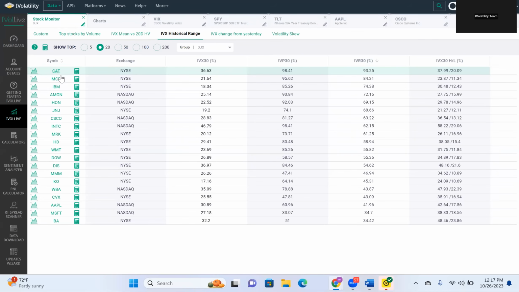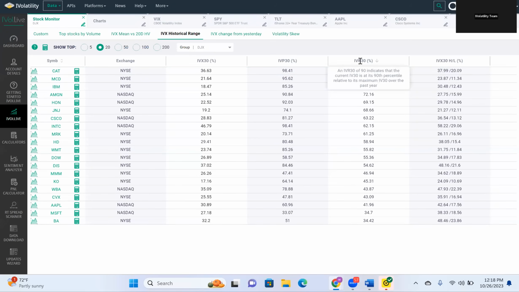Something's happening with Caterpillar, something's happening with McDonald's, IBM with earnings, Amgen, all the way down. There's Cisco again, and here's Apple. As I'm looking at these scans, I'm jotting down on my little trader notepad different names that pop up repeatedly. So I've already written down Apple and Cisco because they keep popping up.